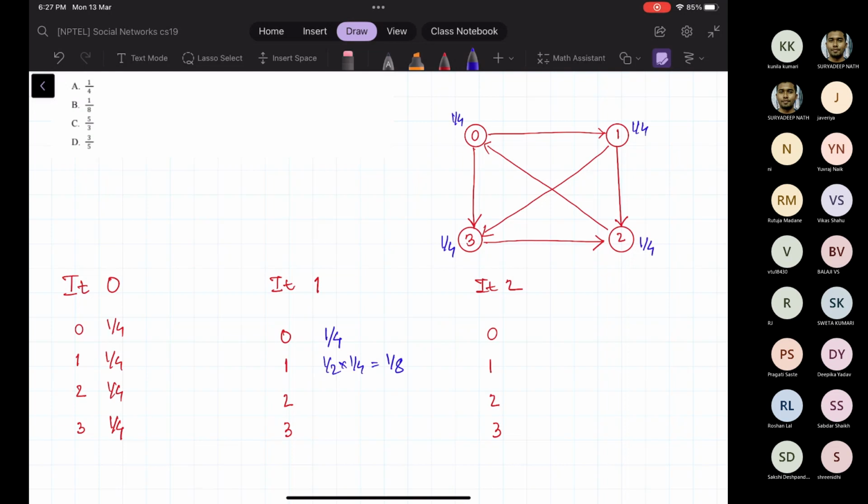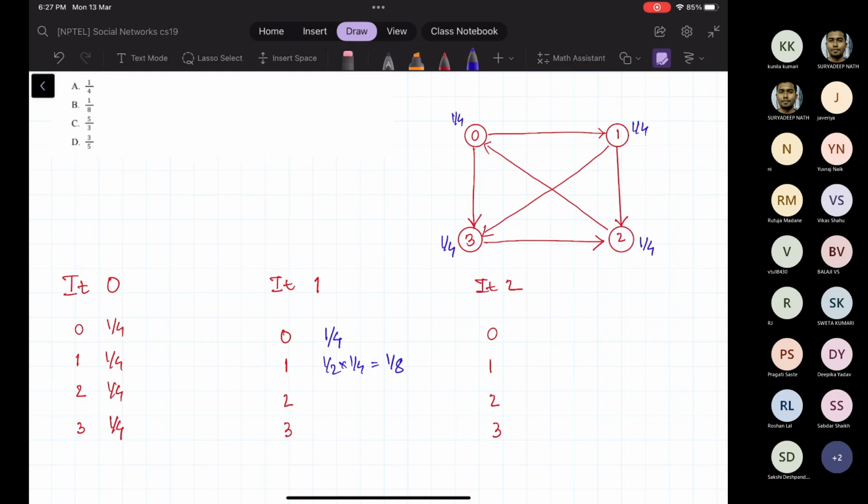Node 2 has two incoming edges, one from node 1 and one from node 3. Node 3 has only one outgoing edge, so it gives the entire 1/4 to 2. However, node 1 has two outgoing edges, from 1 to 3 and 1 to 2, so it splits its 1/4 into two parts.